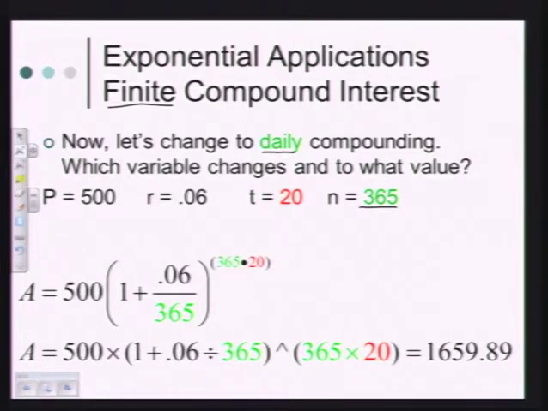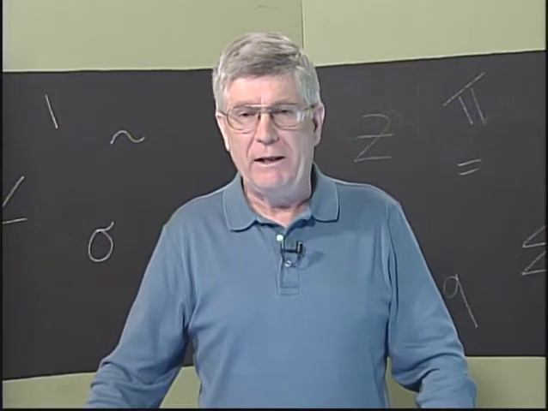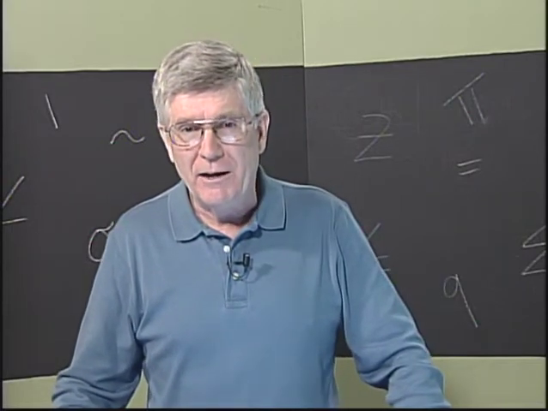So daily compounding, n becomes 365. Notice that affects the denominator and one of the numbers in our exponent. And he'll pick up a few more dollars still. After 20 years, his $500 will have turned into $1,659.89. Now, Bob says, whoa, every time I've changed that n, I get more and more money, even though it is slowing down, as we'll see.